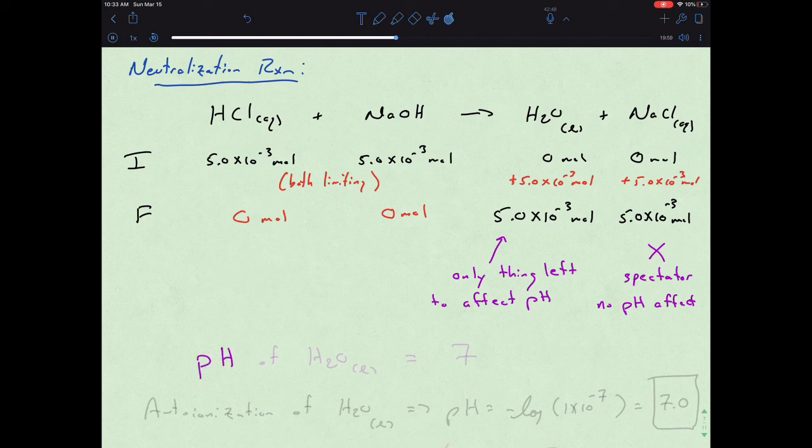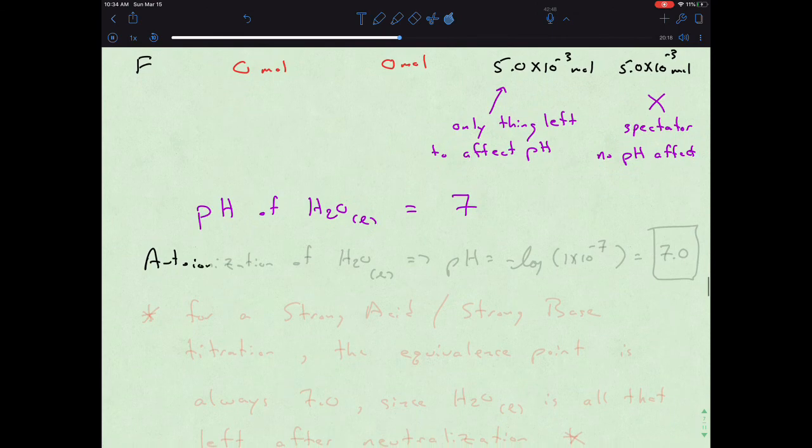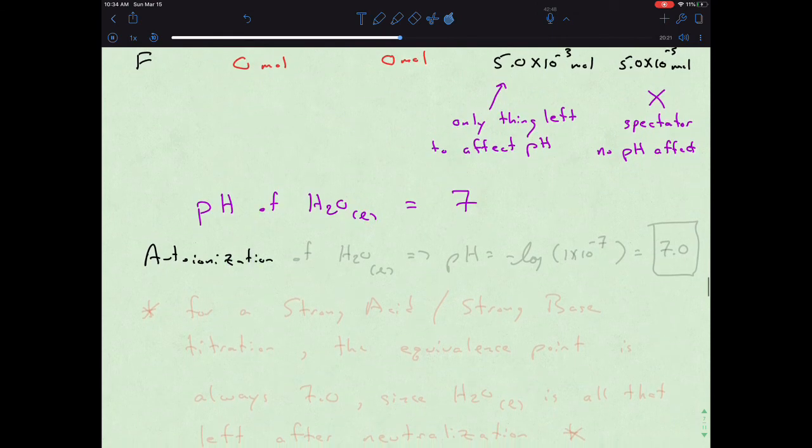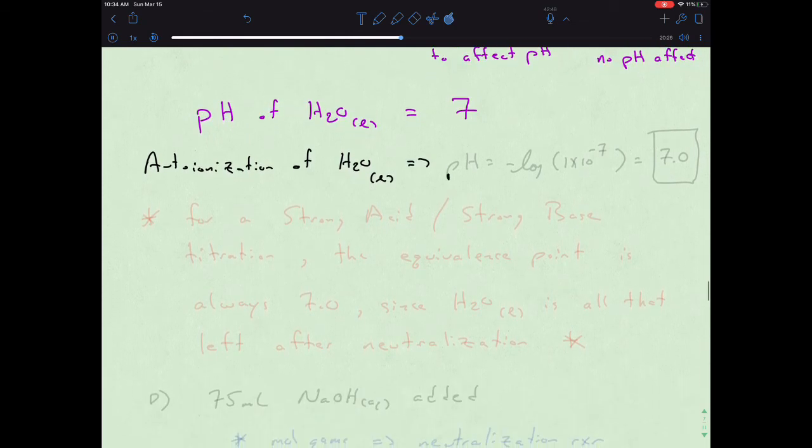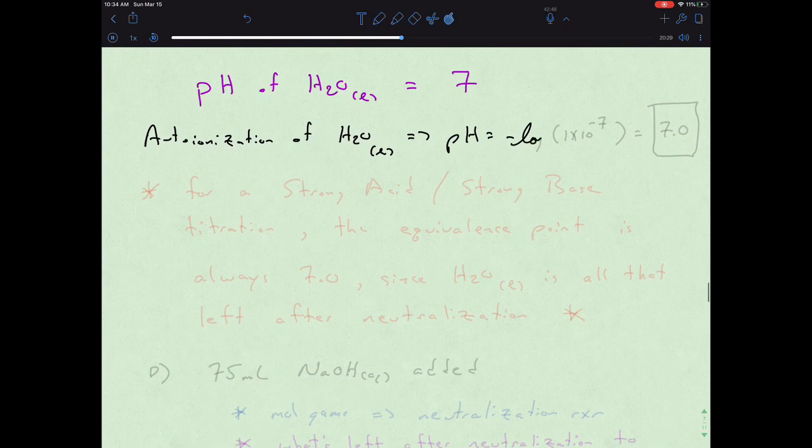The pH of H2O, remember, is equal to 7. Right? All we have is that quantity of water, right? That means that, remember the auto ionization of H2O, pH was equal to the negative log of 1 times 10 to the negative 7th, or equal to 7.0.